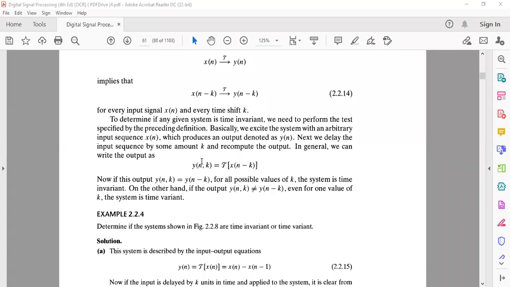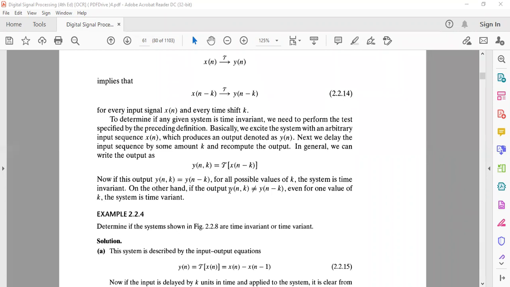We can write the output as y(n, k), with k being a shift, being a transformation of x that has suffered the shift k. If this output equals y(n minus k) for all possible values of k, then the system is time invariant. If it is true for all values of k, then we say that the system is time invariant.